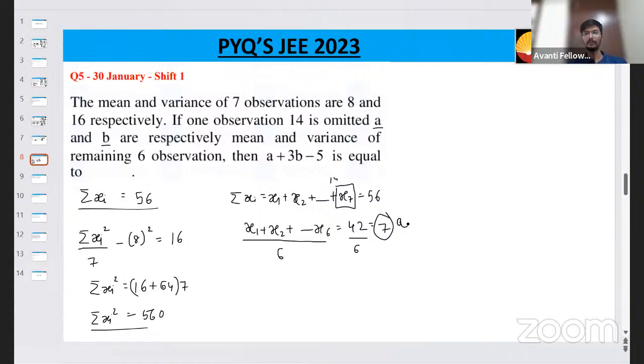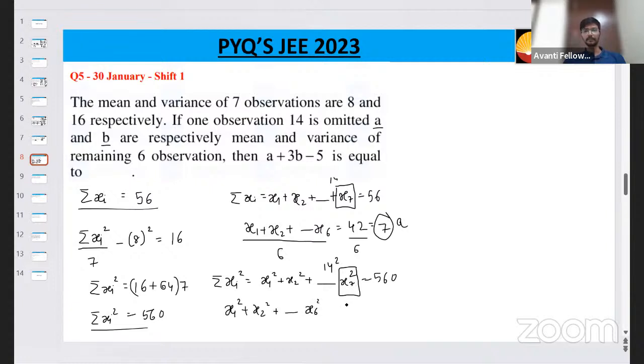Now this is the value of A they have given. Similarly, in summation xi square, we had 7 observations. x1 square plus x2 square plus up to x7 square, which is 560. Now this 14 square is omitted. So we'll get x1 square plus x2 square plus up to x6 square is equal to 560 minus 14 square, which is 256.